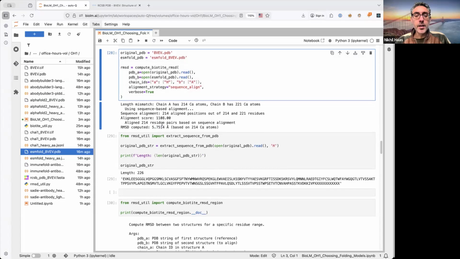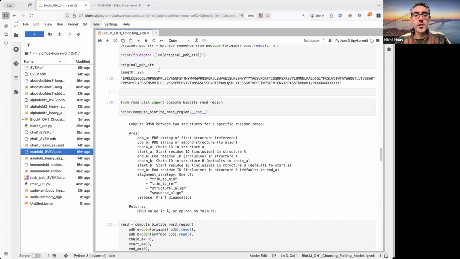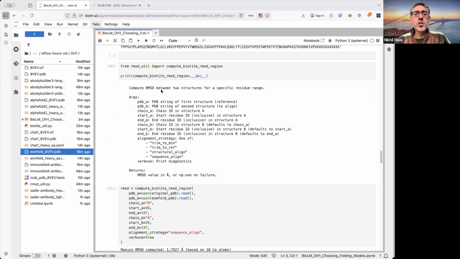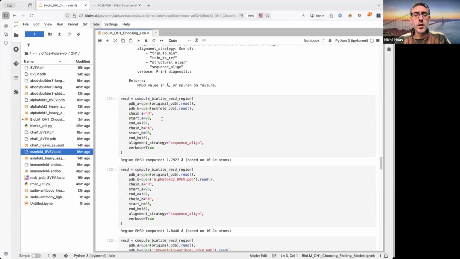And yeah, that's pretty big. When we get to looking at the CDRs, you really are going to want accuracy below 2, even below 1 angstroms. So I'd be starting to get a little cautious, but this is just showing an example of the code. We'll get to the actual analysis in a second.